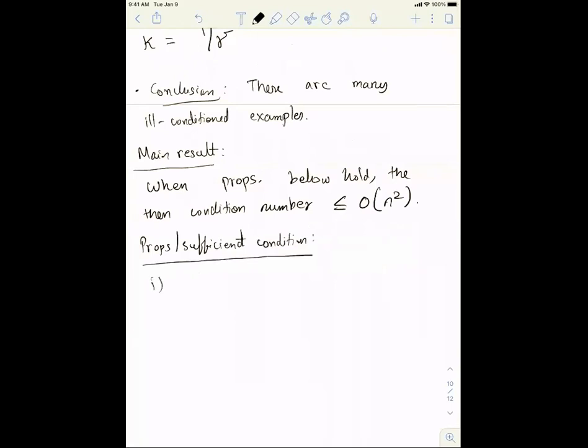The first condition is that each entry lambda ij should be at most 1. As I showed in the example, the way I had to construct bad examples was when these lambda ij values were larger than 1.